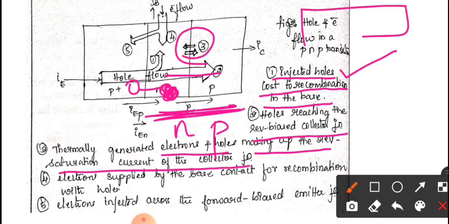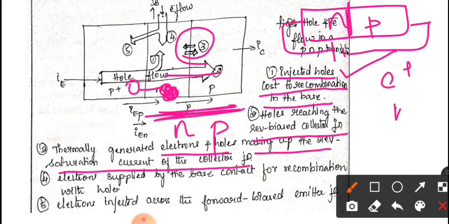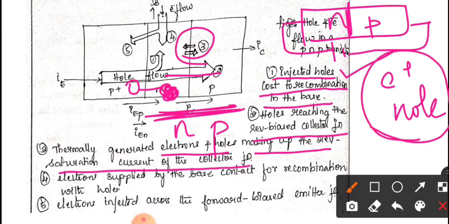In a normal PN junction under reverse bias, there will be some electron hole production due to temperature changes. So the movement of these thermally generated electrons and holes has been shown by 3, making up the reverse current of the collector junction.